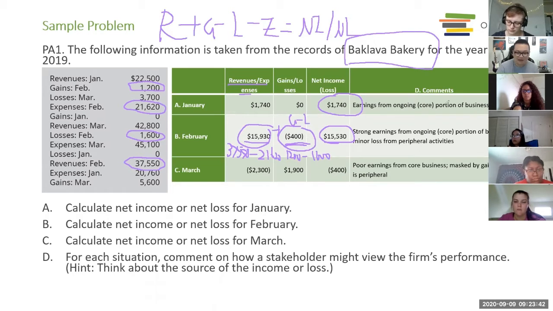Because their sales go up, that probably explains it. During the Valentine's Day, sometimes they produce more product. So during February 14th, they may have some gains because they can sell the bakery items at a higher price. But if they cannot sell all the inventory, all of the cake on that day, then for the rest of the month, they may sell the cake at a discount value, right?